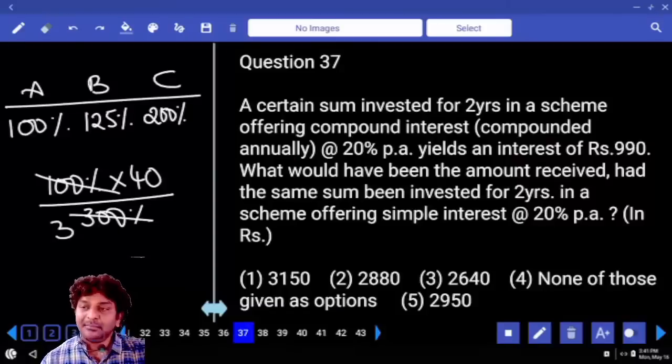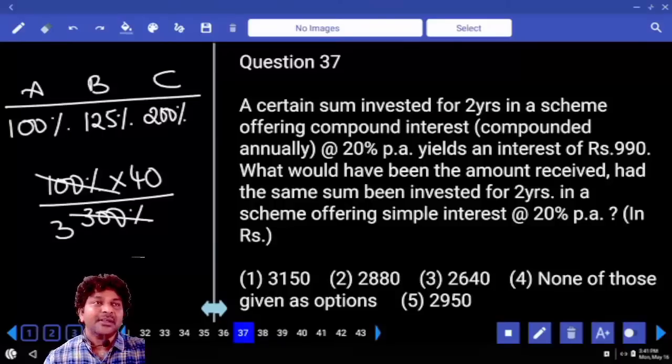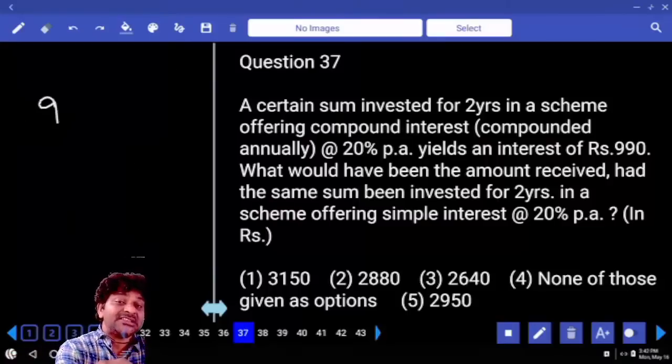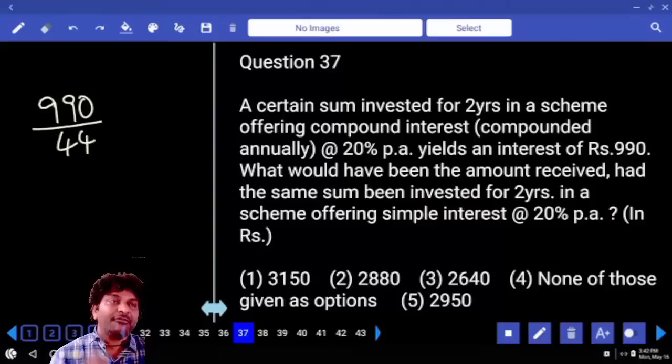A certain sum invested for 2 years in a scheme offering compound interest compounded annually at 20% per annum yields an interest of 990. What is compound interest for 2 years at the rate of 20% per annum? 44%. And that is equal to 990 they said. Then 1% value is 990 divided by 44. Correct? This is 1% value. Next.